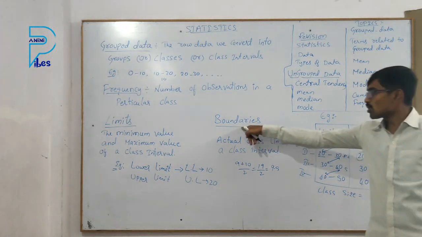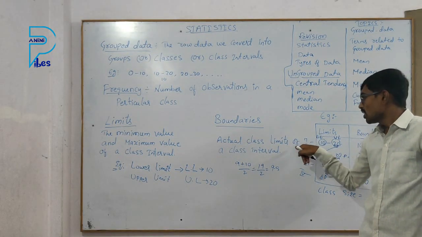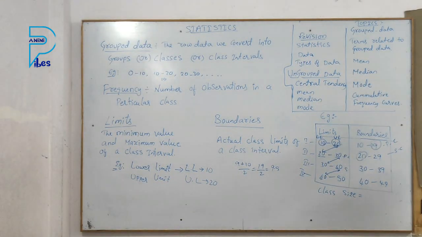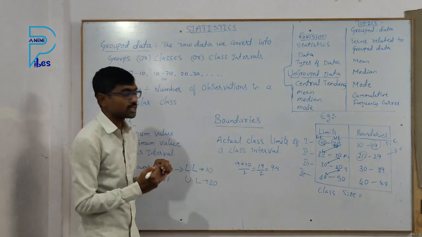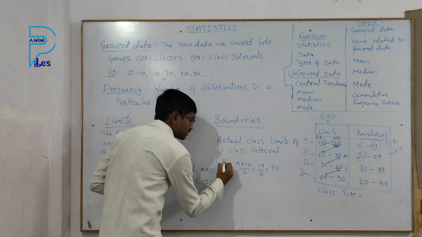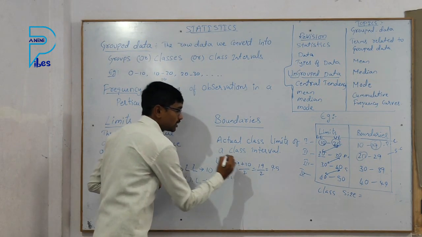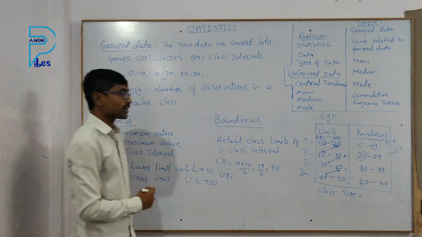So here I have written the definition for boundaries: the actual class limits of a class interval are called boundaries. So to make these the same, here again I will be getting two things, that is lower boundary, LB, and upper boundary, UB.